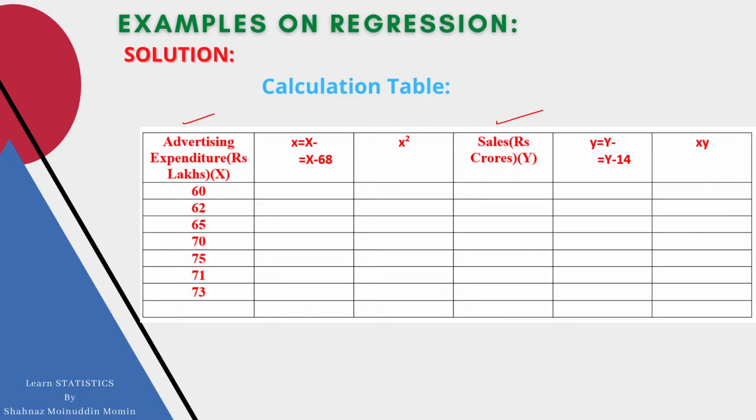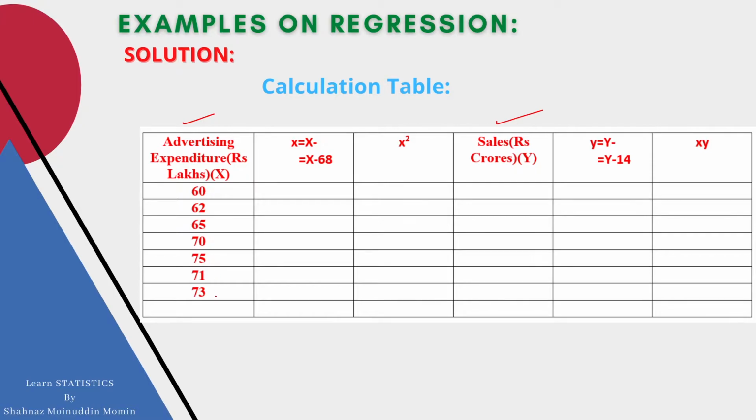If a student wants to learn how to calculate correlation between the two variables X and Y, then click on the I button at the top right corner of the screen, and the link of that lecture is also mentioned in the description below.